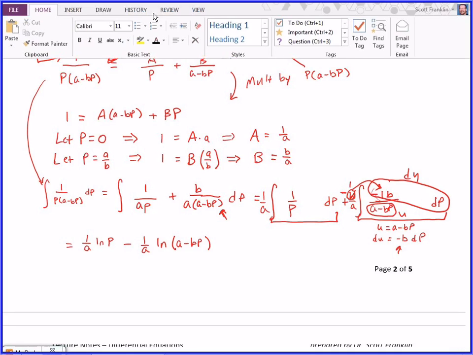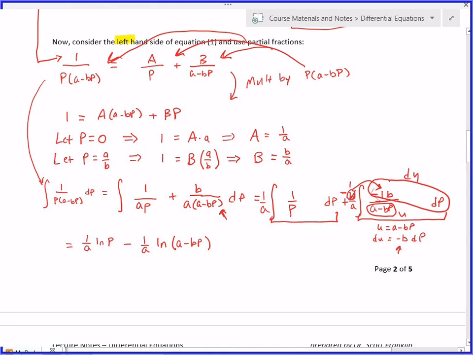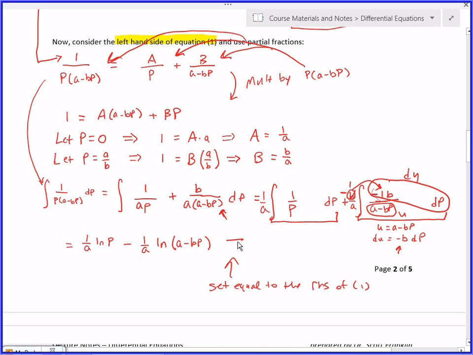Now, keep in mind, all of this was equal to the integral dt. So now we're going to set equal to the right-hand side of 1. So equals integral dt, which is just t plus C. So I have this equals this. And if I did that correctly, that's what's at the top of the next page.